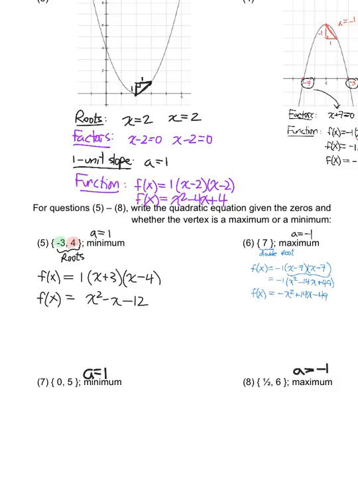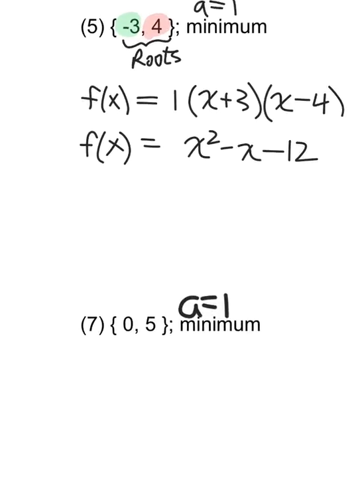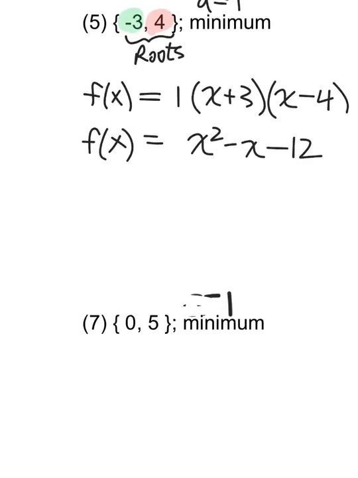Now, number 7. A little weird problem. This one throws people for a loop very, very frequently. I don't like the looks of that a, so I'm just going to change it up a little bit. I'm going to take this one from the beginning.